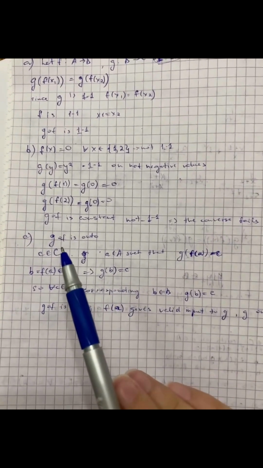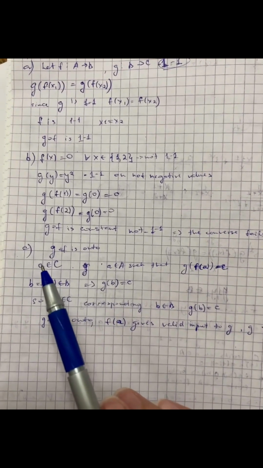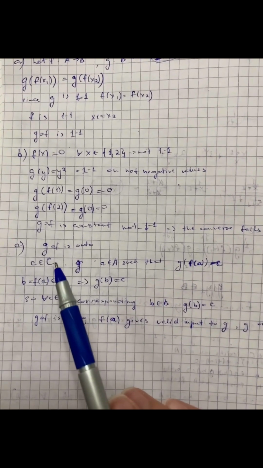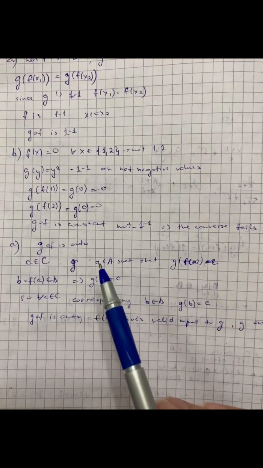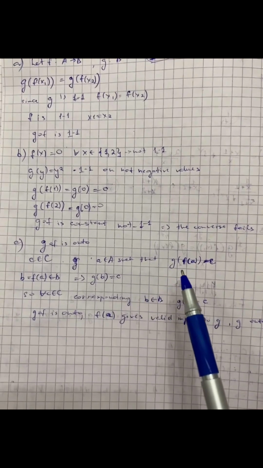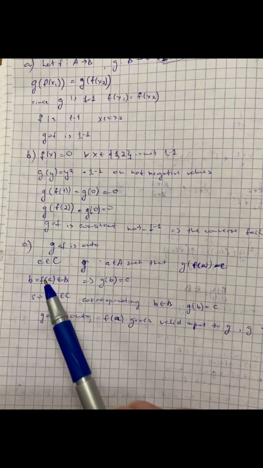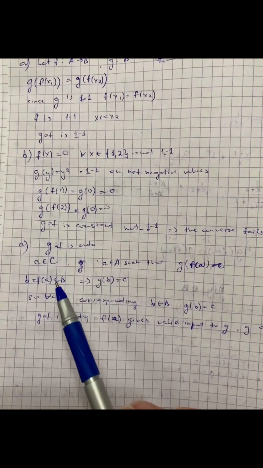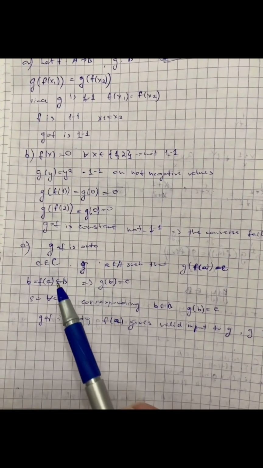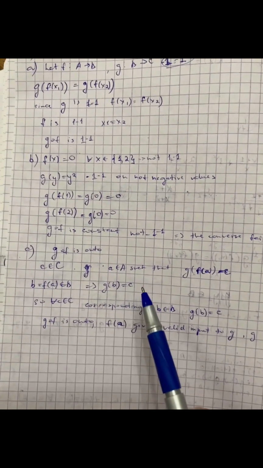So g of f of x is onto: for every c value existing in C set, there is an a value existing in A such that g of f of a is equal to c, meaning that f of a exists in B set, so g of b is equal to c.